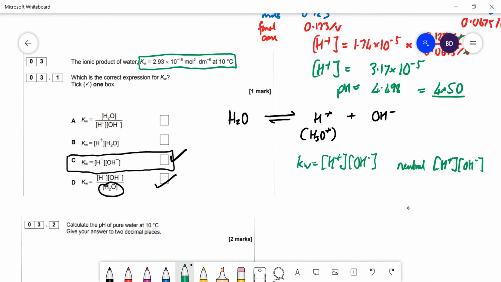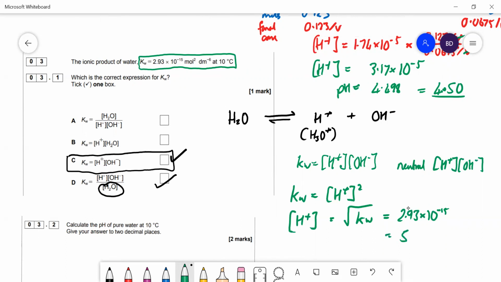Substitute that value in, and we get Kw is equal to H plus squared. So H plus concentration is equal to the square root of Kw, the square root of 2.93 times 10 to the minus 15. That gives us 5.41 times 10 to the minus 8.